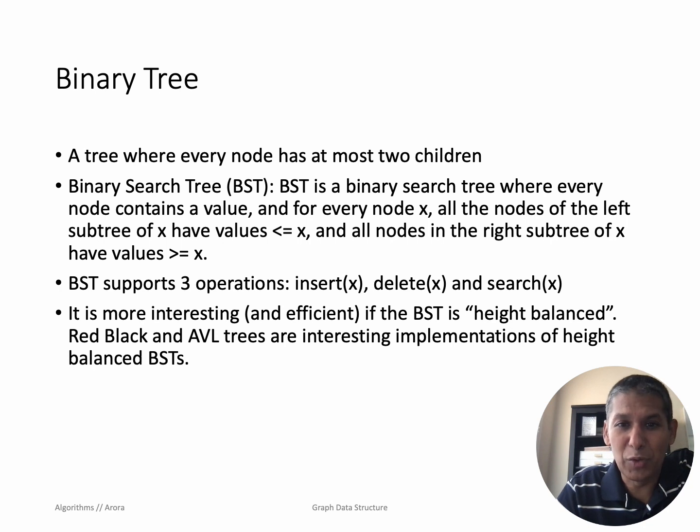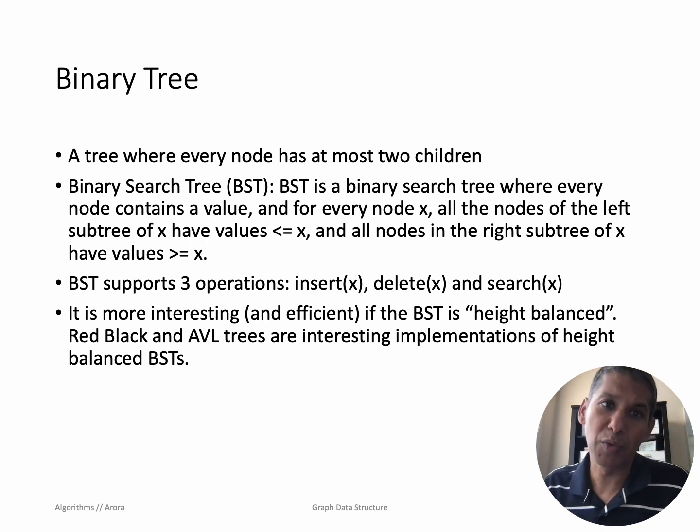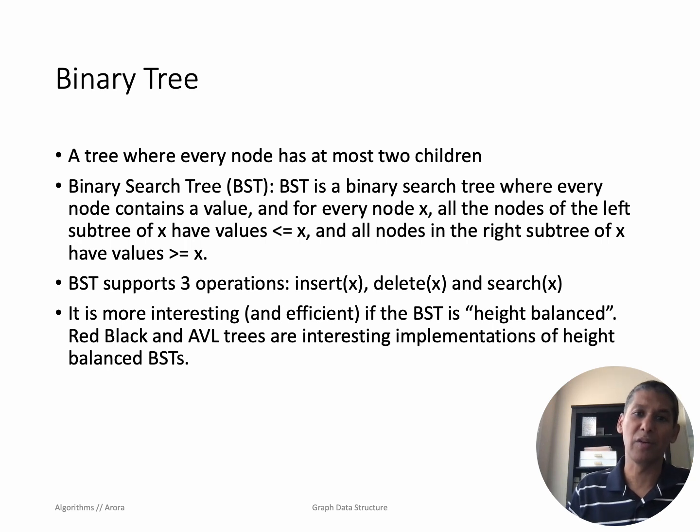And now coming to binary trees, because these are something that people are many times very familiar with. A binary tree is a tree where each node has at most 2 child nodes, and there's a corresponding concept of binary search trees when we start storing values in each node, and if we order them, they become binary search trees. There's a whole other lecture on that, and you can refer to it.